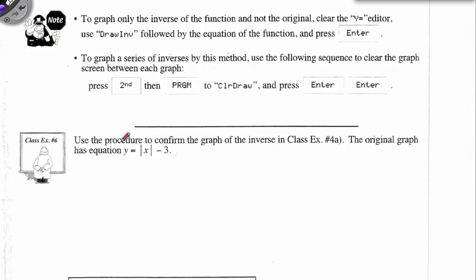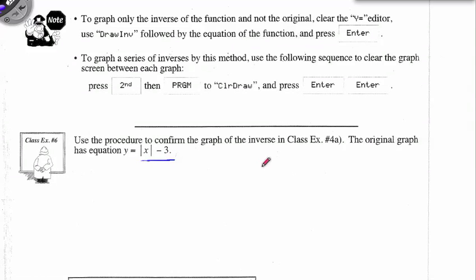Okay, class example number 6. Use the procedure to confirm the graph of the inverse in class example 4a, and the original graph has the equation y equals absolute value x minus 3.